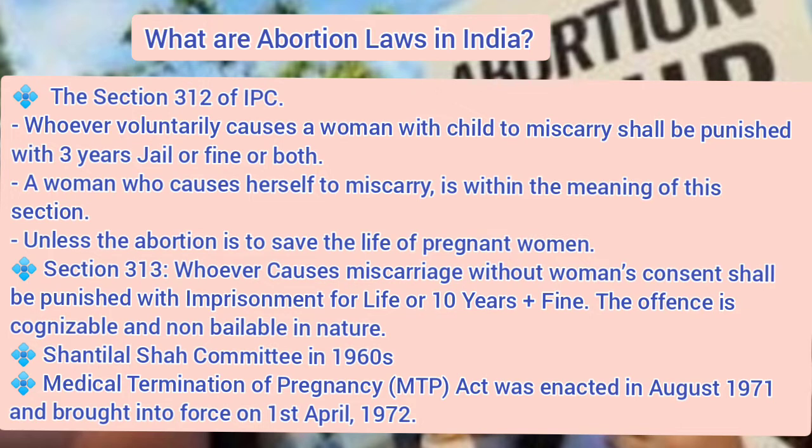Section 313 of the IPC says that whoever causes miscarriage without the woman's consent shall be punished with imprisonment for life or 10 years plus fine. The offense is cognizable and non-bailable in nature.